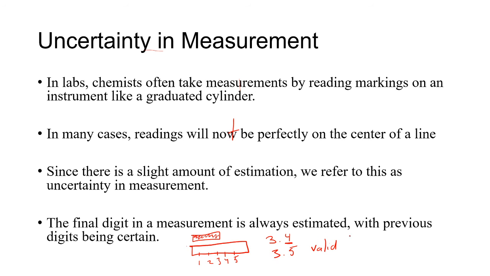Oftentimes, you might see things like 3.4 plus or minus 0.1. So basically what that's saying is, well, I'm not so certain. It could be 3.4, but plus 0.1, it could be 3.5, or it could be 3.3, because 3.4 minus 0.1 would be 3.3. So we can use these as a way to properly measure objects and account for any uncertainty. So whenever you take a measurement, your final digit is always going to be an estimated digit.